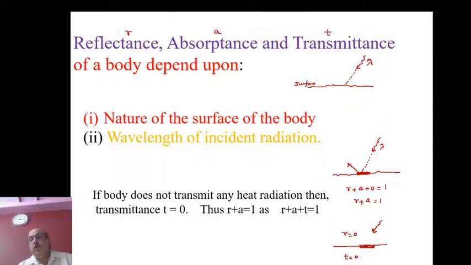So in this condition, the A will be equal to 1. Because R plus A plus T is equal to 1. R is 0, T is 0, so only the absorptance is there. It means the whole radiation is absorbed by the surface of the object.